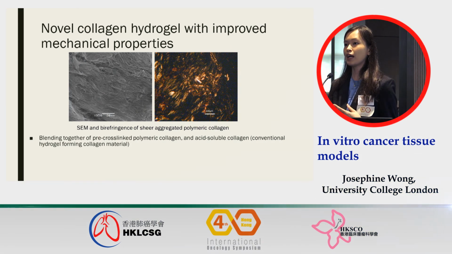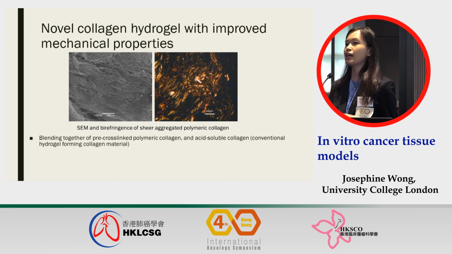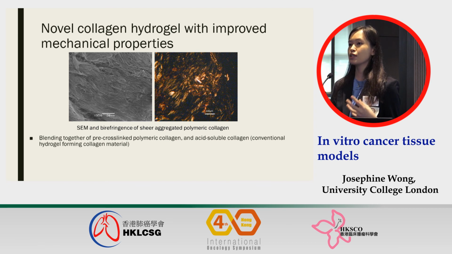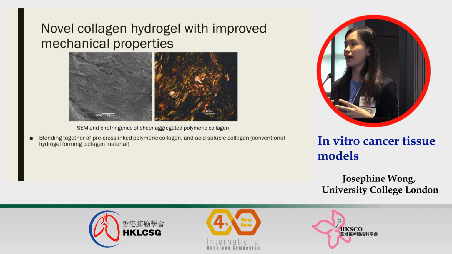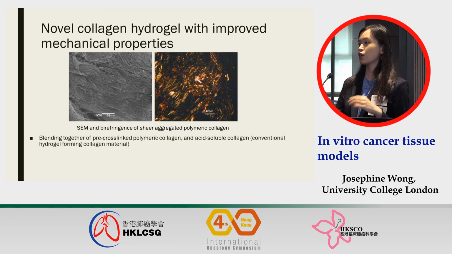Normally, the reason why this promising material is not usually used in a hydrogel setting is that it usually collapses into fibrous tissues when you neutralize the solution. So in order to incorporate cells, you need to make sure the collagen doesn't collapse and inhibit these cells from entering the collagen matrix.